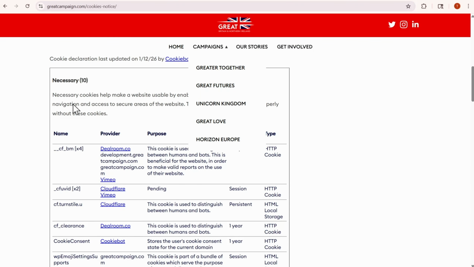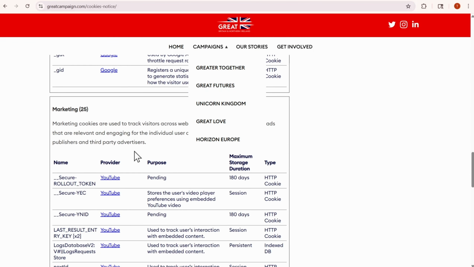Because although we can see here that these are the necessary cookies, there may be times where businesses change, let's say, for example, a different web page, and it influences the types of marketing cookies that are collected. So that's really important.